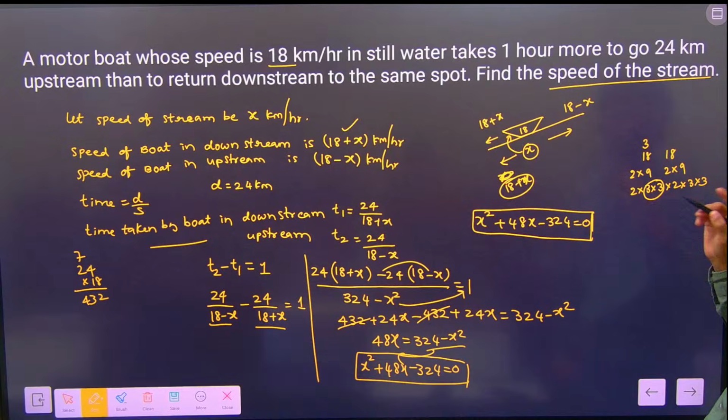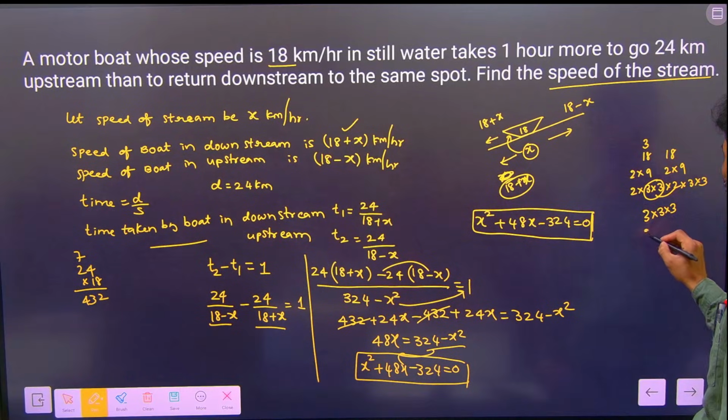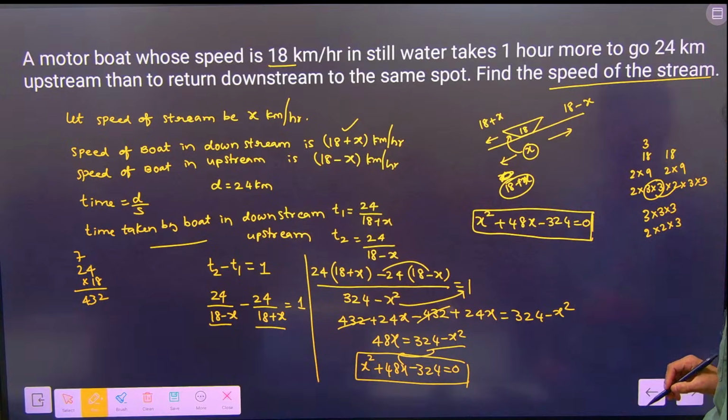3 into 3, 36 and 9. 3 into 3, 3 into 3 into 3, 27, and 2 into 2 into 3, 27 and 12.